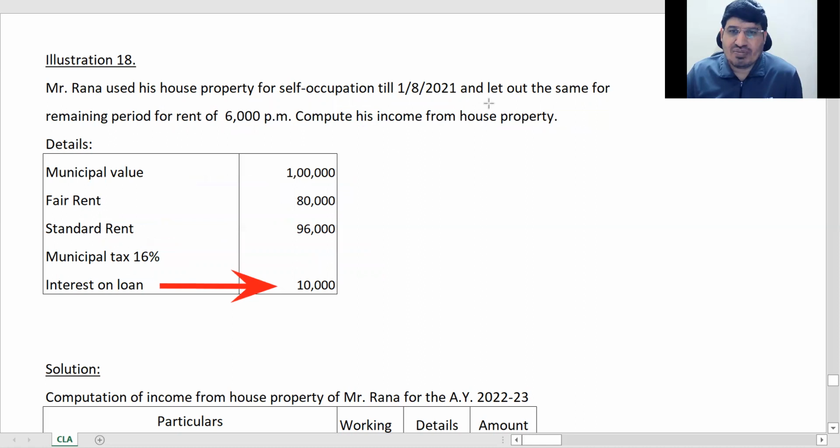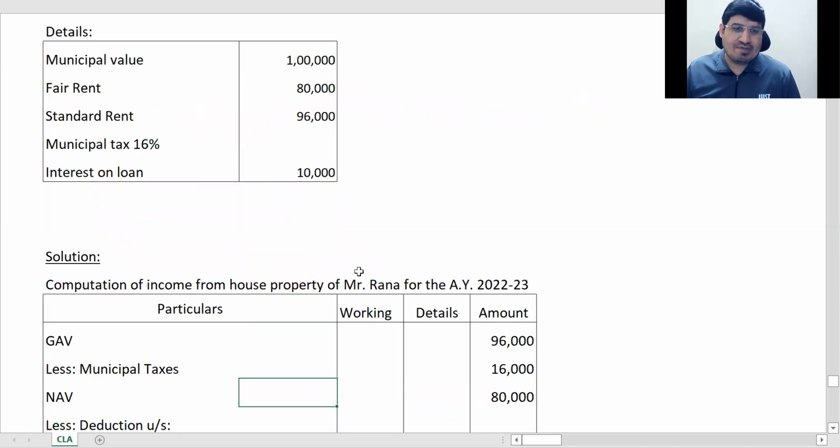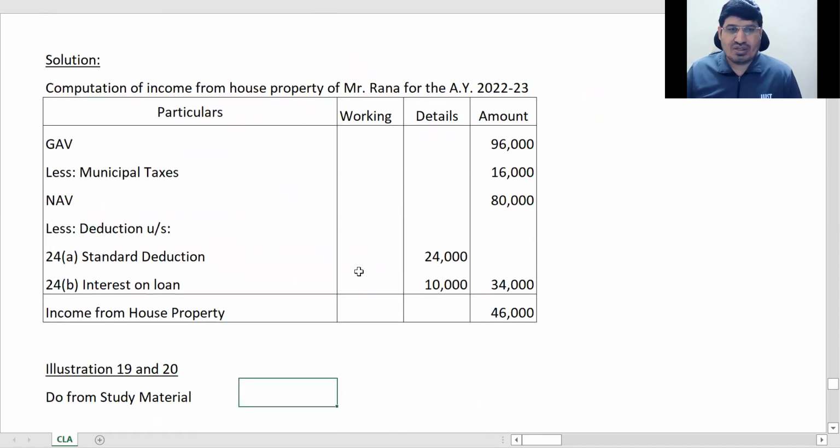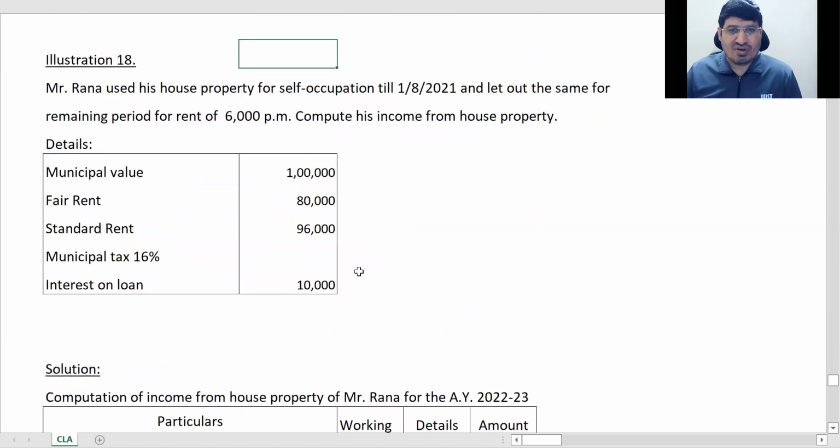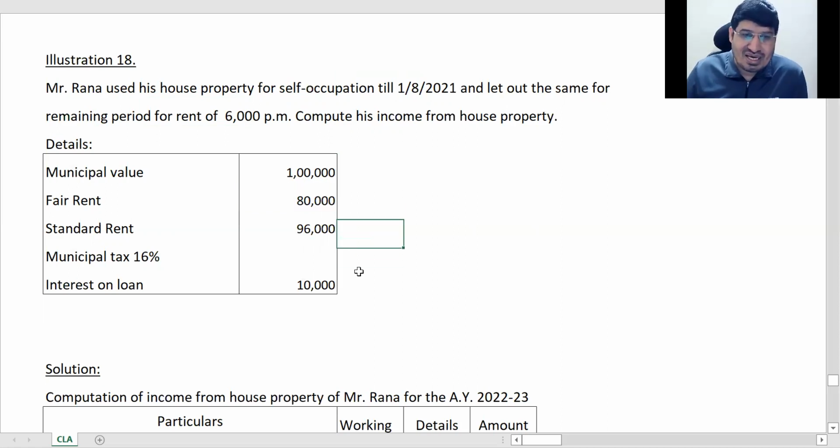Let's do the problem now. Just see the figures once, so we will not come back to figures. 4 months self-occupied, 8 months let out. Rent received is 8 sixes are 48,000, right? And RER we computed as 80,000. Municipal tax was 16,000, interest on loan 10,000.